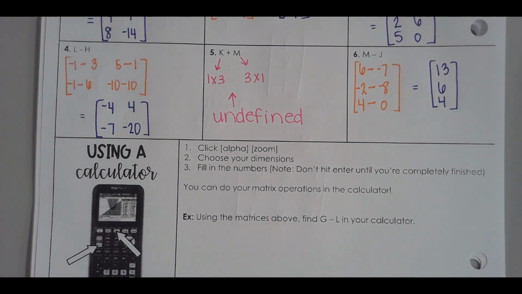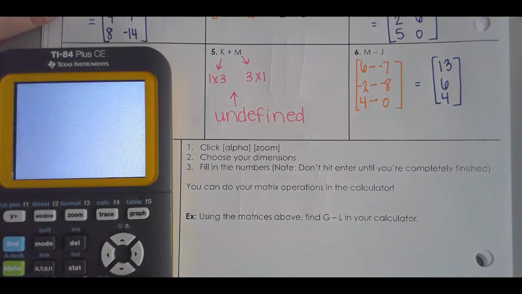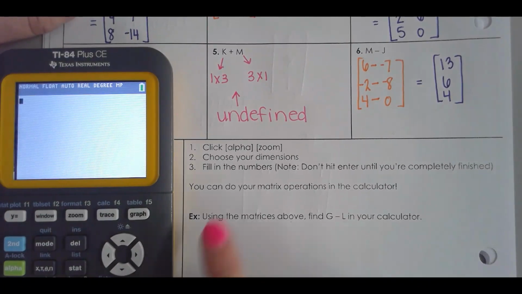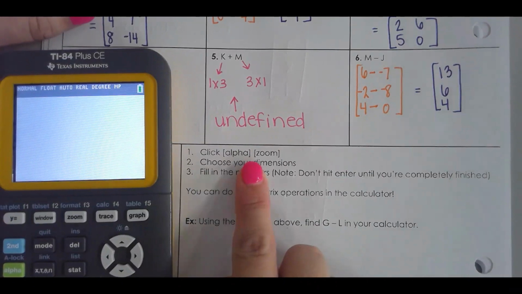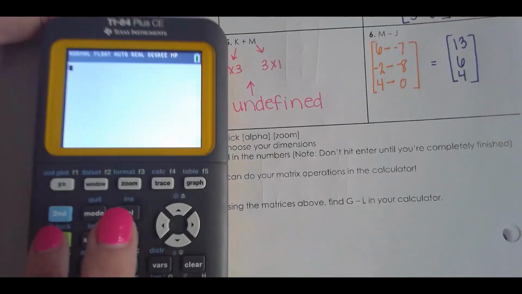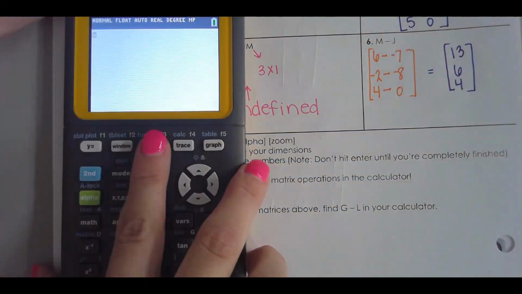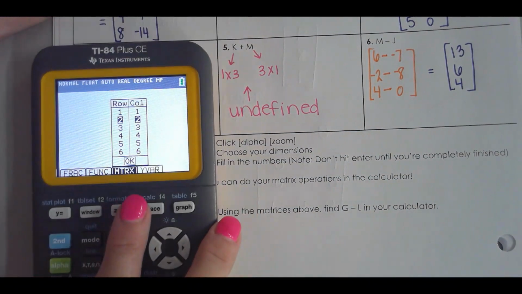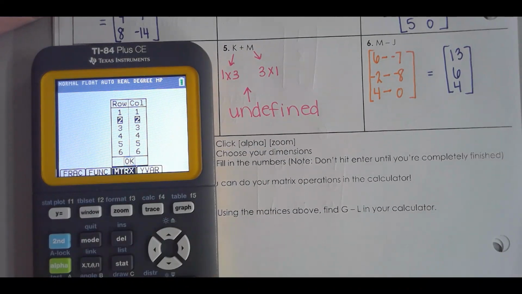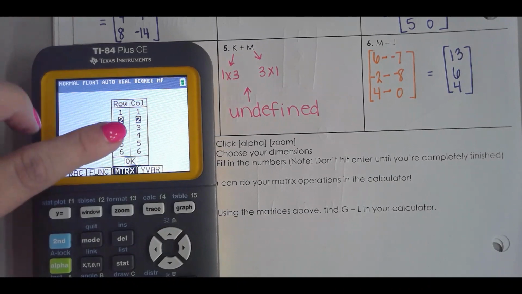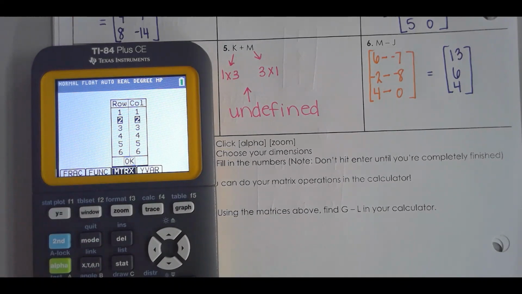But to type in a matrix, first you're going to click alpha zoom. Alpha is this green button, and zoom top middle. And a menu pops up. And there will be 2 numbers that are highlighted, which tell you the number of rows and the number of columns.